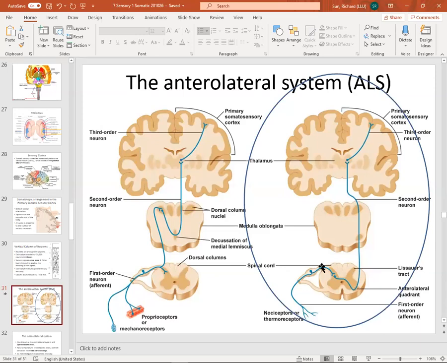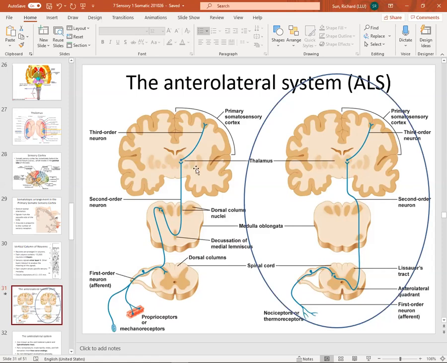Here, the first order neuron is very short. It synapses in the spinal cord right there. In the DCML, the second order neuron is in the medulla. In the ALS, this pain signal has the second order neuron starting from the spinal cord. Then in the spinal cord, it will cross to the opposite side and go through this pathway up into the thalamus.